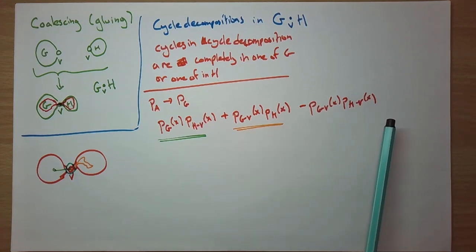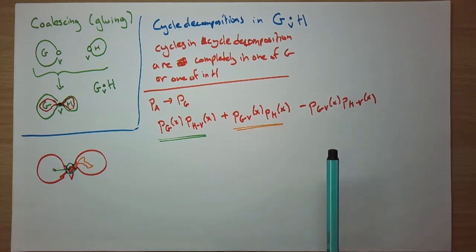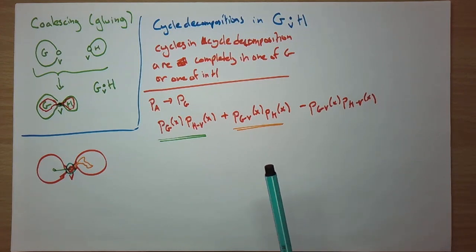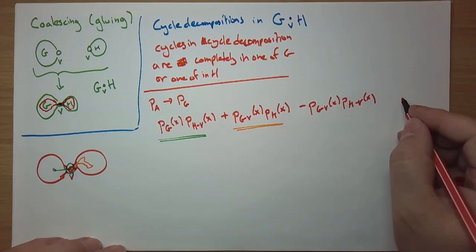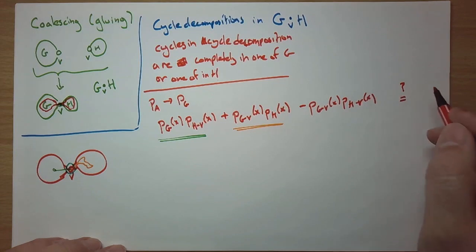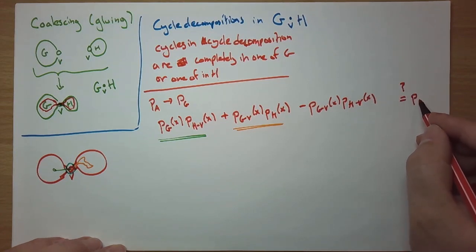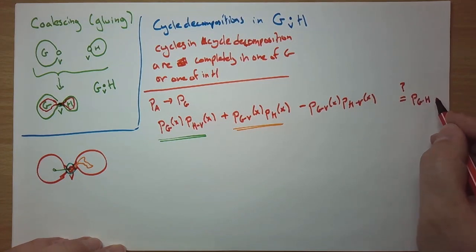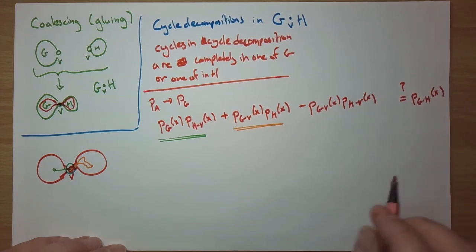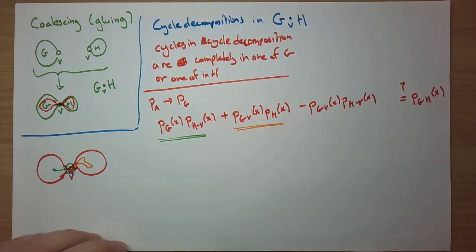All right. Now, is this correct? Well, it's an expression, so who's to say right or wrong? But is everything accounted for? I guess the question is, does this equal just our coalesced graph? There's a suspicious amount of space there.